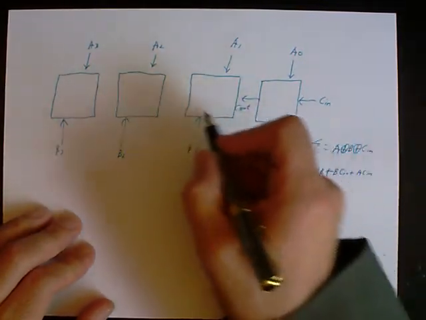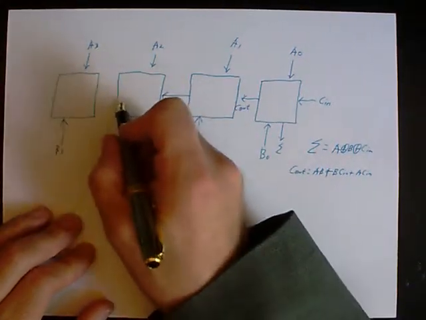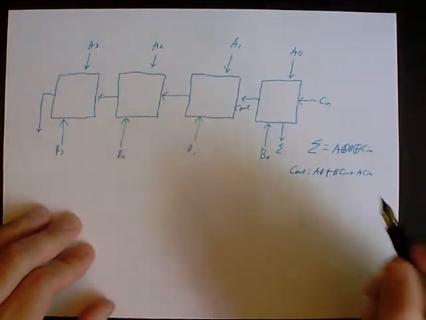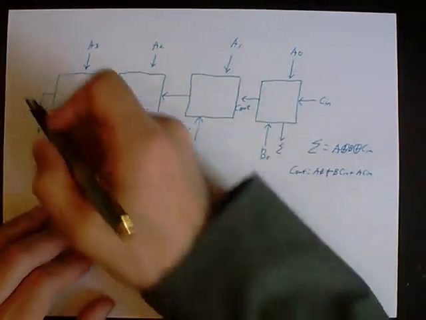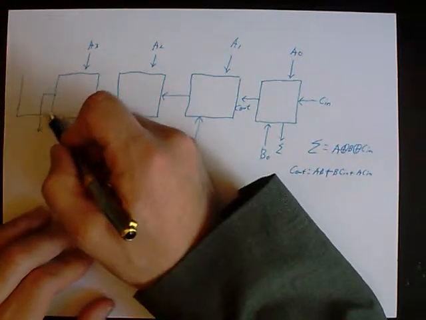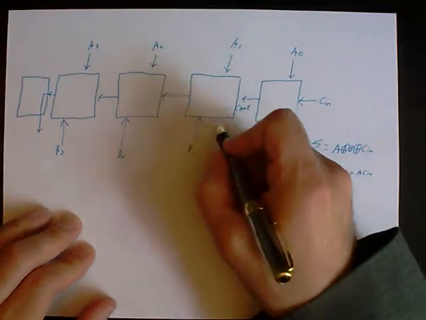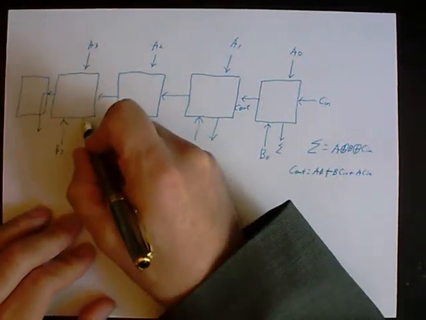And our carries will ripple from the output of one stage to the input of the next. And we get a 4-bit sum out of the bottom.